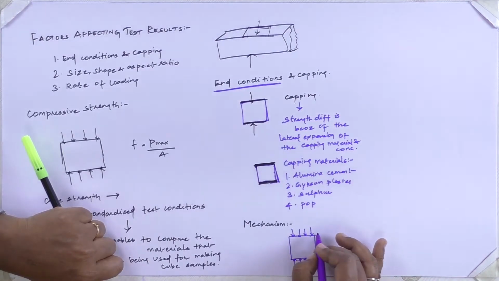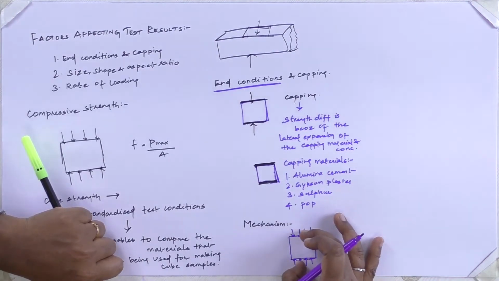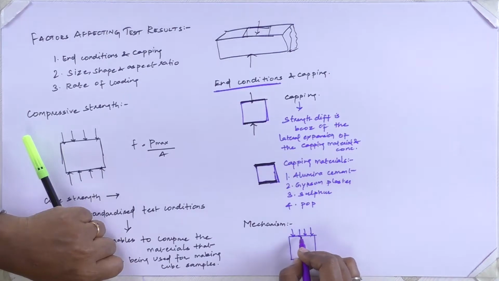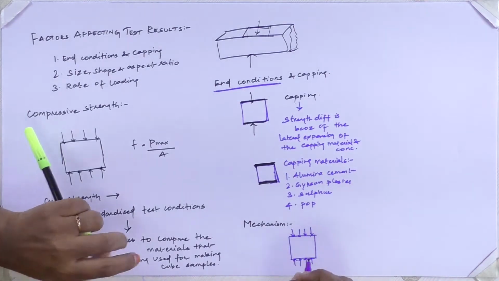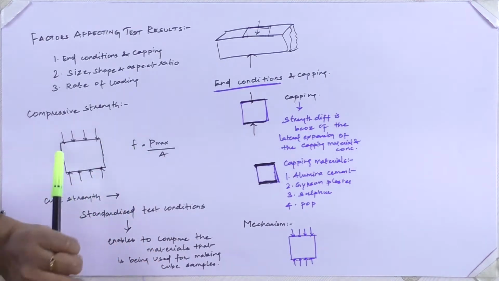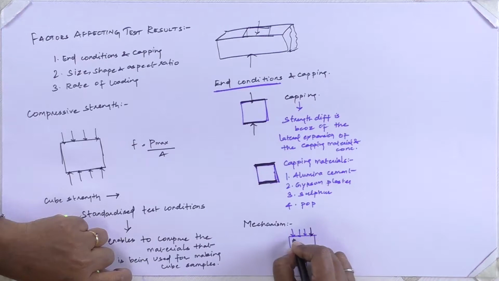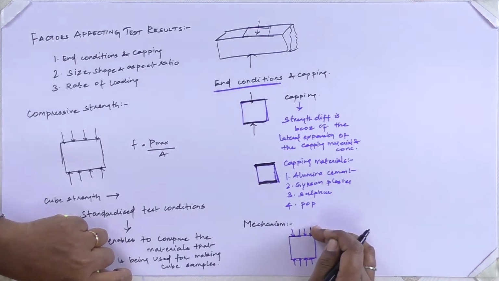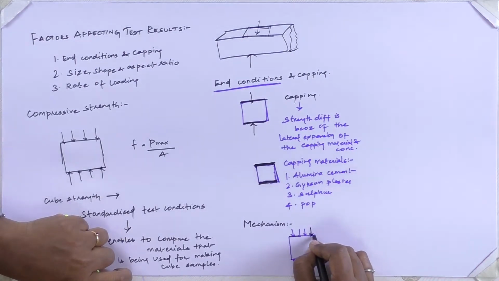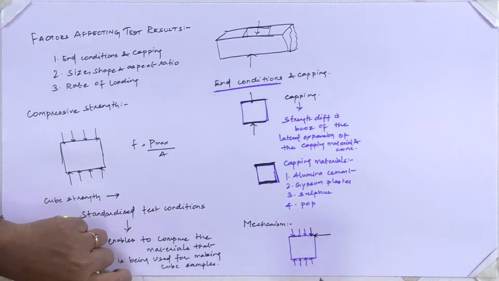Both are the same loading plates or platens. When I am applying load, what happens to the specimen? When I am applying load, this surface and this steel platen will be in contact with each other, so there arises a frictional force.